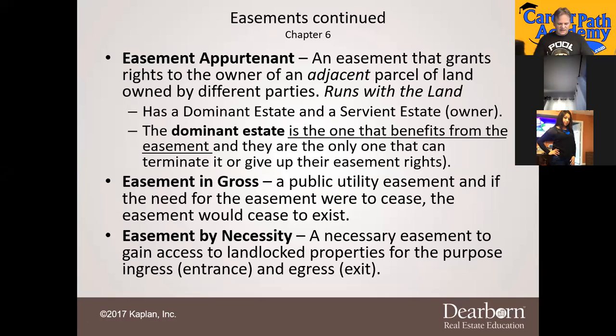It's necessary in order to get to your property. You see it here on the slide at the bottom: ingress and egress. Ingress means entrance, egress means exit. For the purpose of ingress and egress, entrance and exit is an easement by necessity.